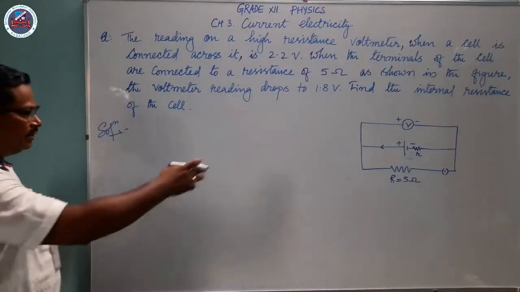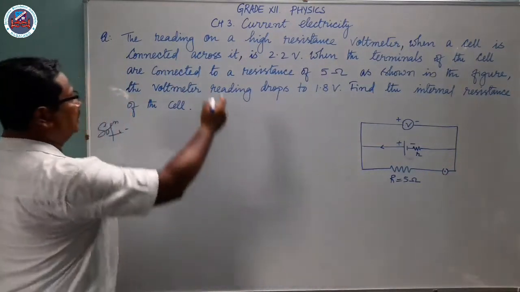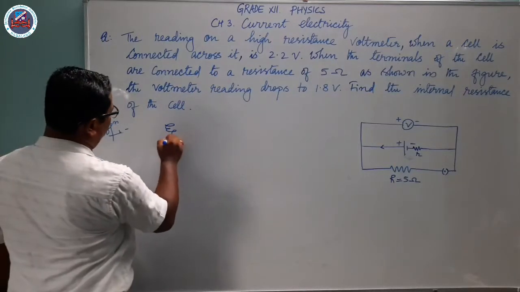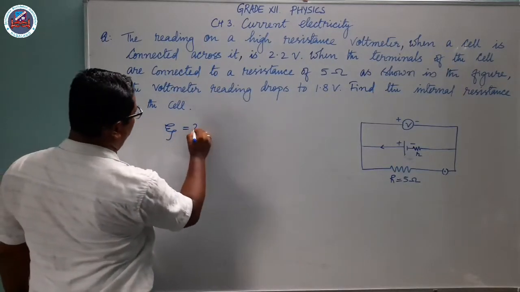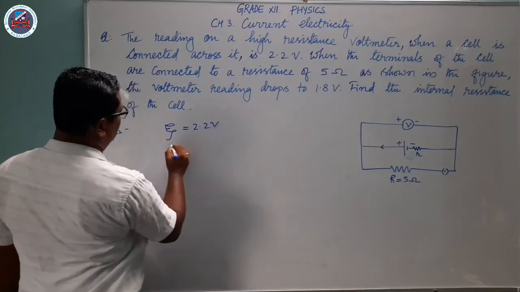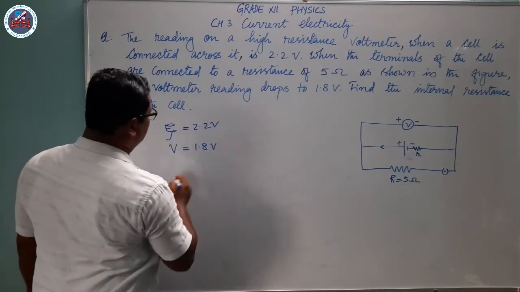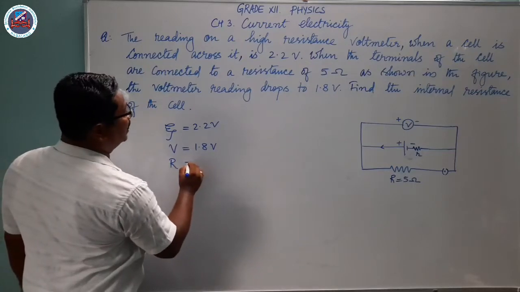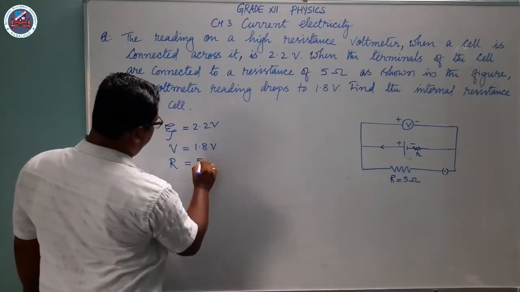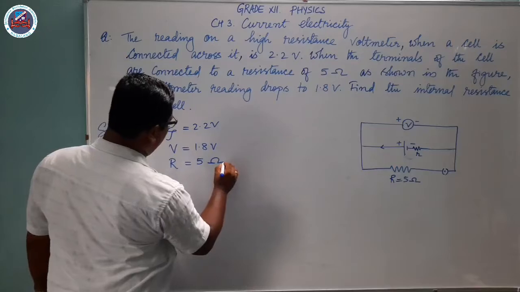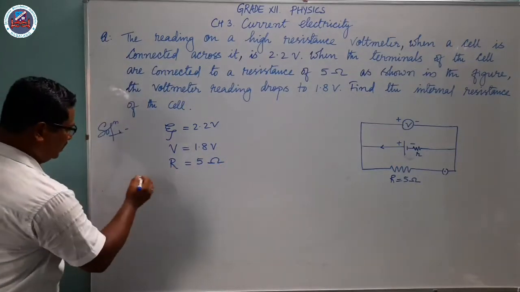Now, to find out the internal resistance of the cell, it is given that EMF is 2.2 volt, the terminal potential difference is 1.8 volt, and the external resistance R is equal to 5 ohm. So with these values, we can calculate.